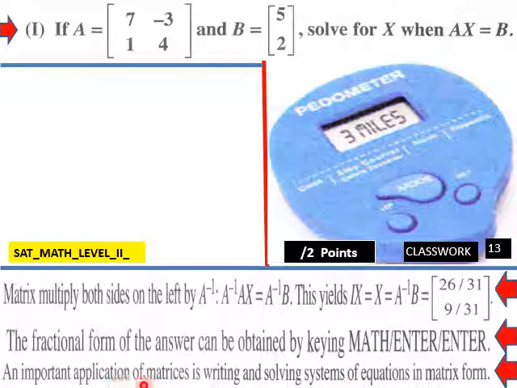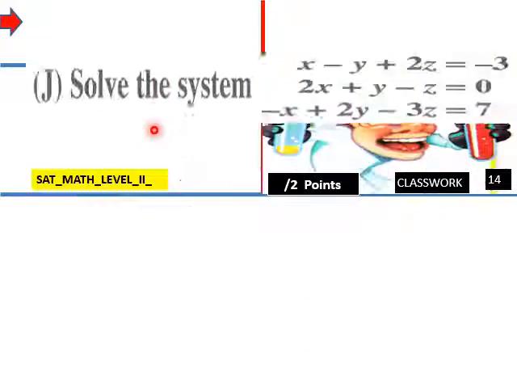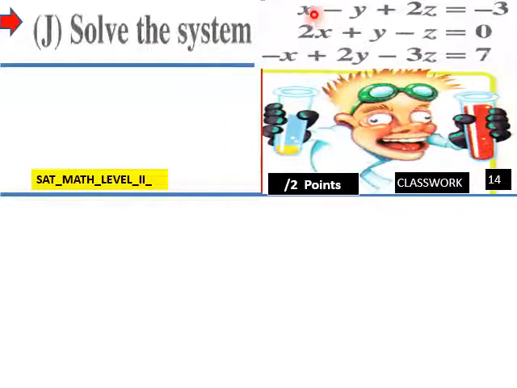An important application of matrices is writing and solving systems of equations in matrix form. So now we're going to move into a system of equations here, solve the system.